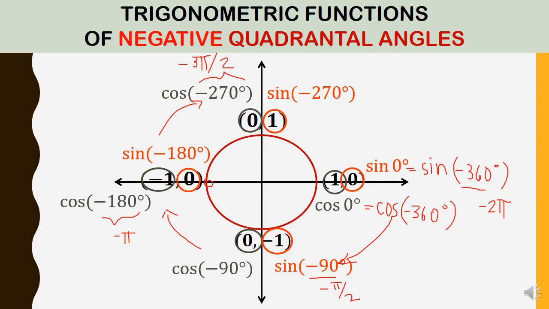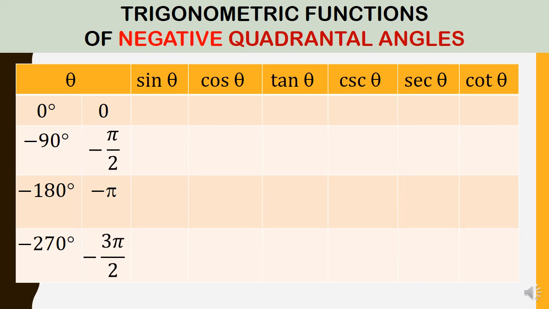Ayan, so here, may establish mo, yung sine ng 2 pi parang parehas lang ng sine of negative 2 pi. Same as this one, di ba? Yung cosine ng 2 pi, parehas lang din ng cosine of negative 2 pi. Negative 2 pi and 2 pi are coterminal angles.